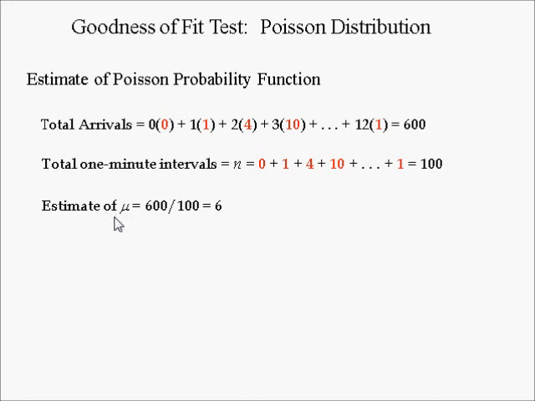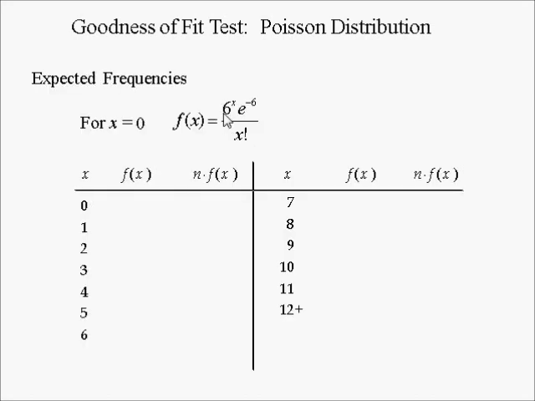Remember, the estimate of the mean of the Poisson distribution was computed using sample information. The 6 represents the estimated mean of the Poisson distribution. Suppose we knew the true mean was 6.